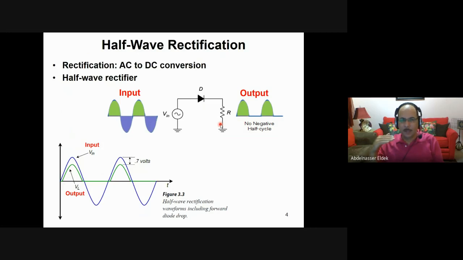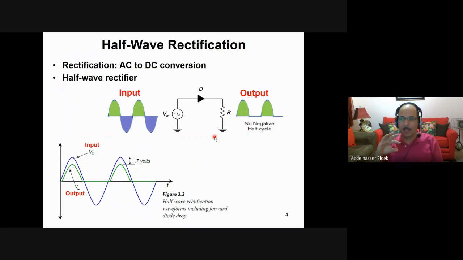When the diode is forward biased, a short circuit, you have a current. This current will go through the resistor and the capacitor, and it will charge the capacitor to its maximum, which is Vin or very close to Vin.